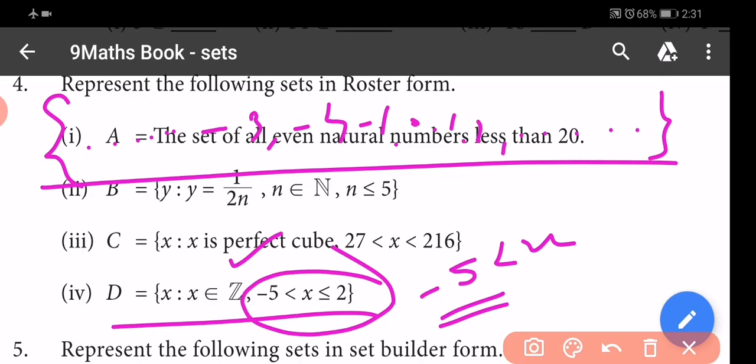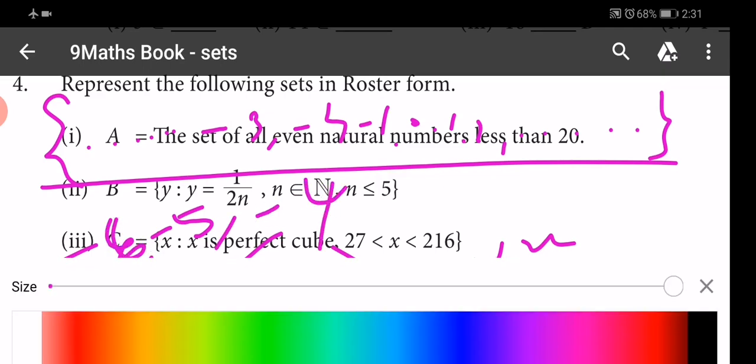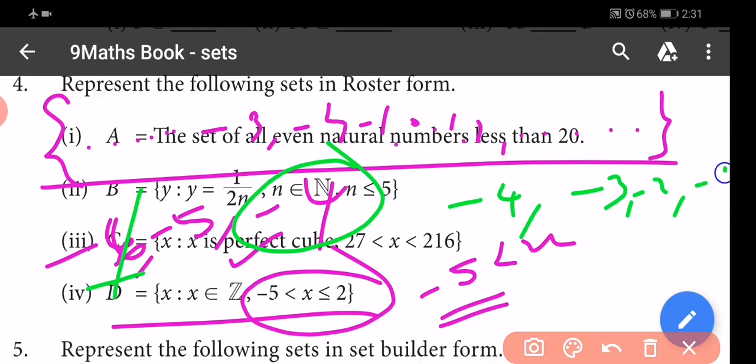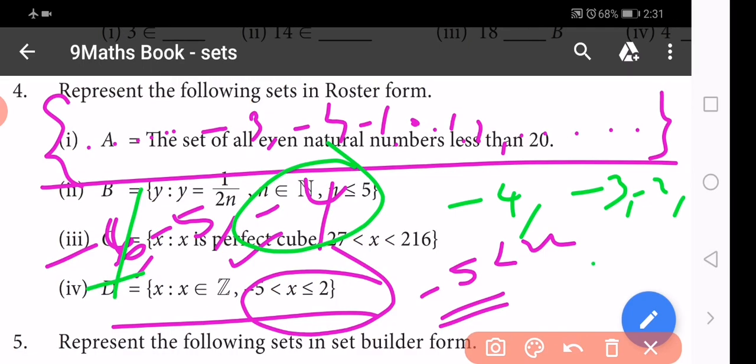That means x is greater than -5. Greater than -5 means -6 or -4? -6, -5, -4. Which one is greater? -6? No. -4 is greater. So we start with -4, -3, -2, -1, 0, up to less than or equal to 2.